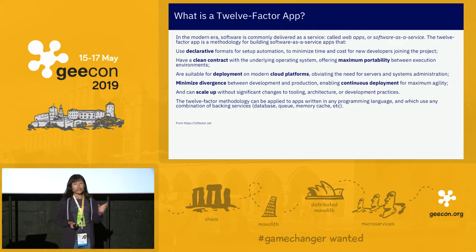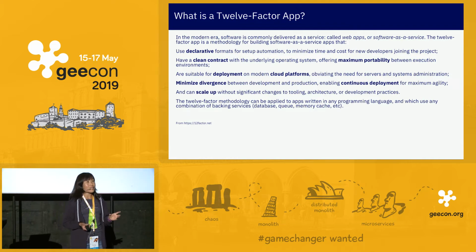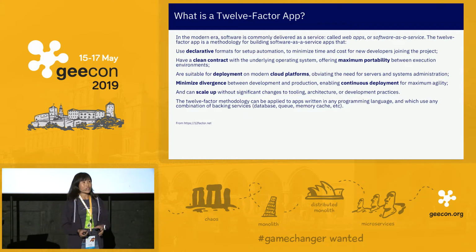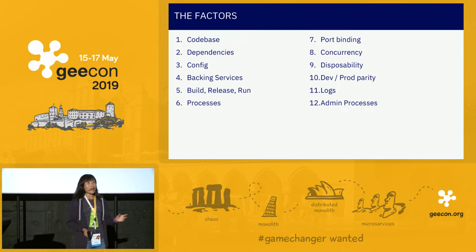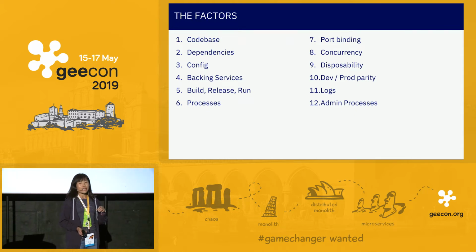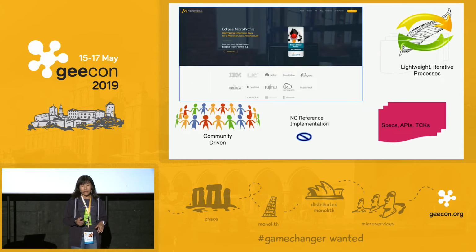You should also think about a CI/CD pipeline, and your microservice being capable of being scaled up or scaled down, etc. So this is the 12-factor. It covers codebase, dependencies, etc. I go through each of the factors in the next few slides to tell you what it really means.